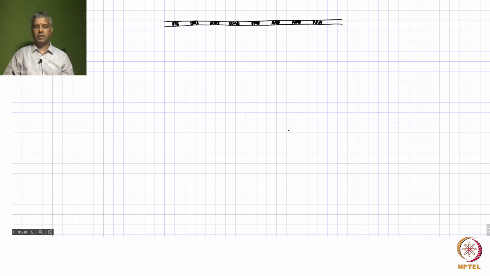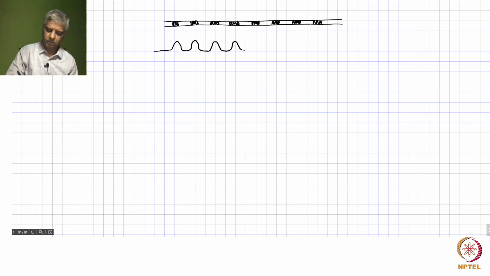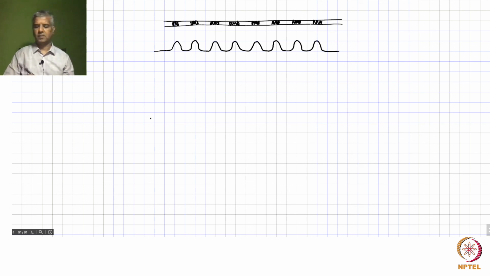And if you look at the refractive index change, previously we denoted it as a squarish change in refractive index, but in reality it is not squarish, it will be more like a gradual change in the refractive index. Something like this.